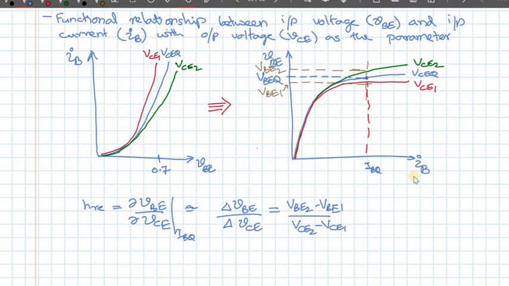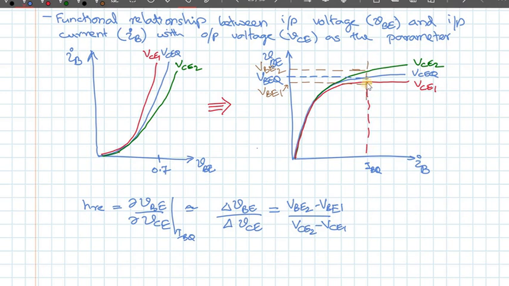If you remember what we had for HRE from the previous lecture, HRE is equal to ∂VBE over ∂VCE at the quiescent point when IB is equal to IBQ. This is approximately equal to delta VBE divided by delta VCE, which has to be on the IB equal to IBQ line, so this should be my IBQ, it should be on this line.